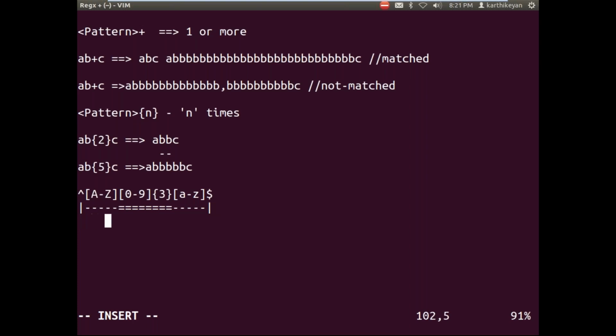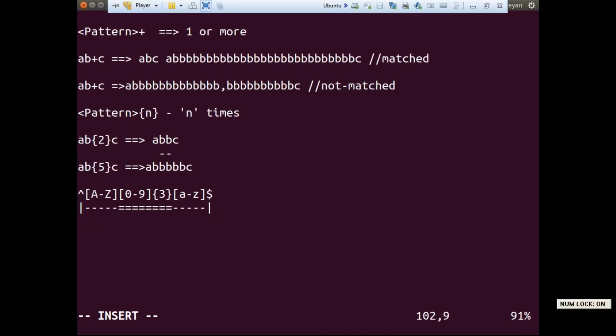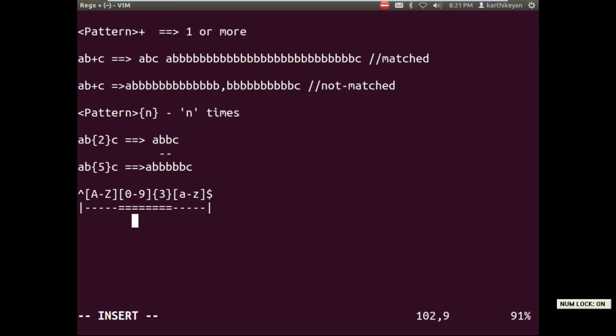So here, the curly braces come after the pattern. What is the pattern? That pattern is repeated n times. The same: A, B, we put n, comma, followed by curly braces, C means A, B, what is n, minimum n times.